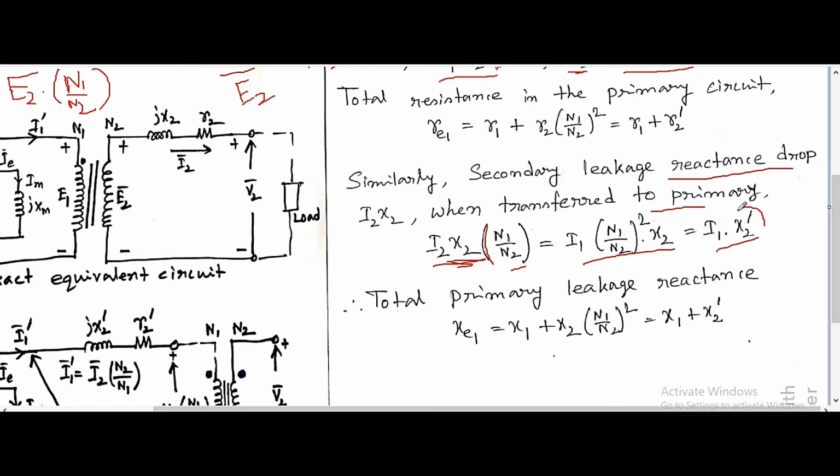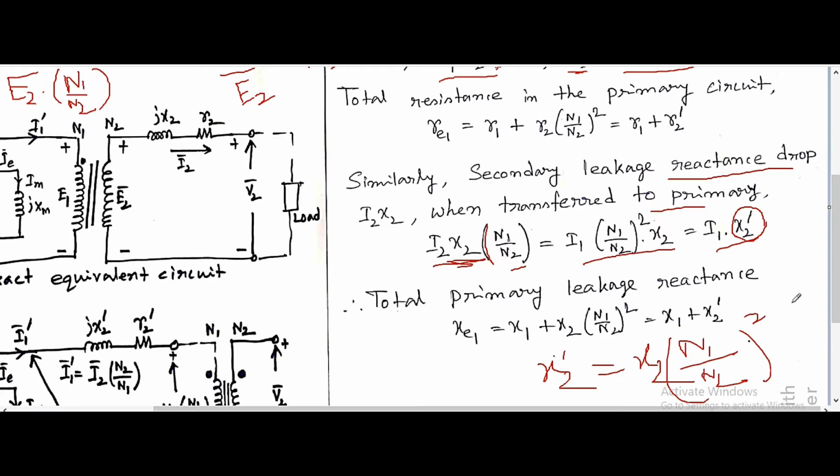So X2 dash is the new value of the secondary leakage reactance transferred to the primary, and X2 dash equals X2 (N1 by N2) square.